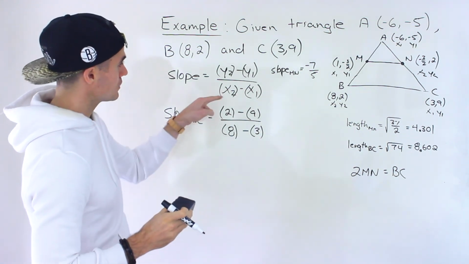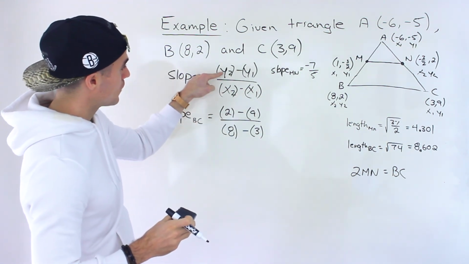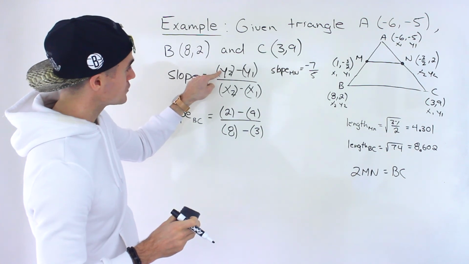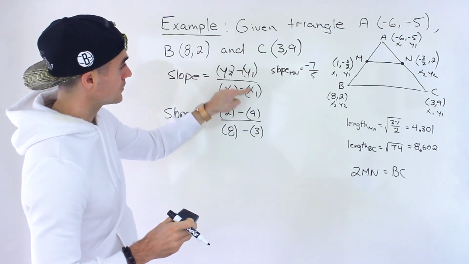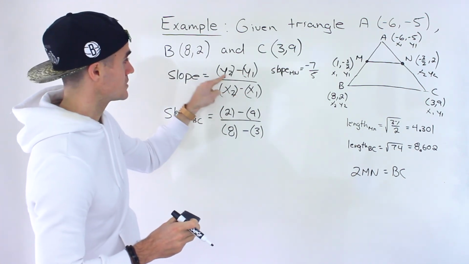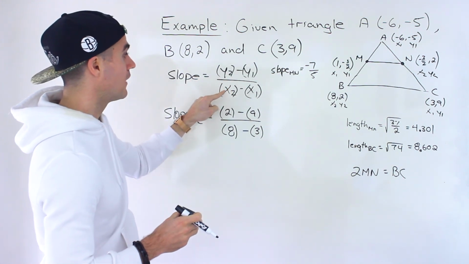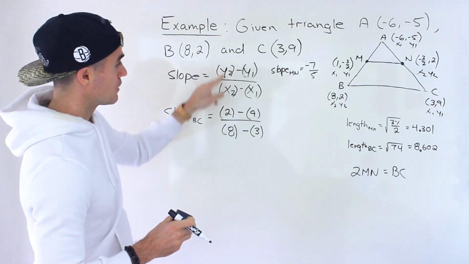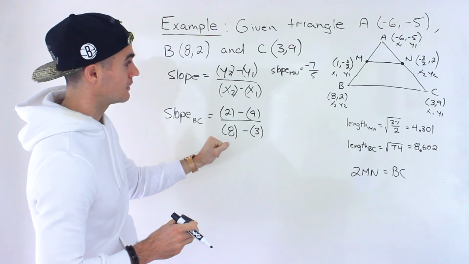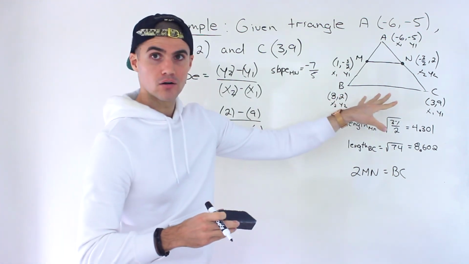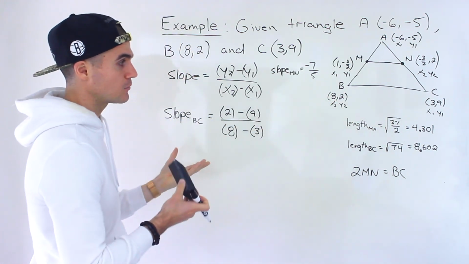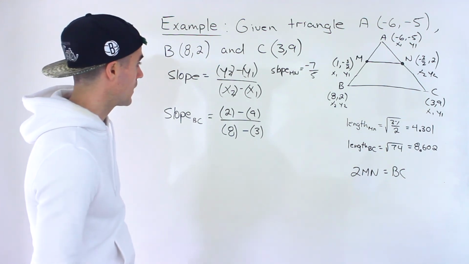Just be careful with the slope formula. The y2 should always be on top of the x2, the y1 should always be on top of the x1. Okay, so don't do y2 minus y1 over x1 minus x2. These should always be in line. And then it doesn't matter which coordinates you label as x1, y1, x2, y2.